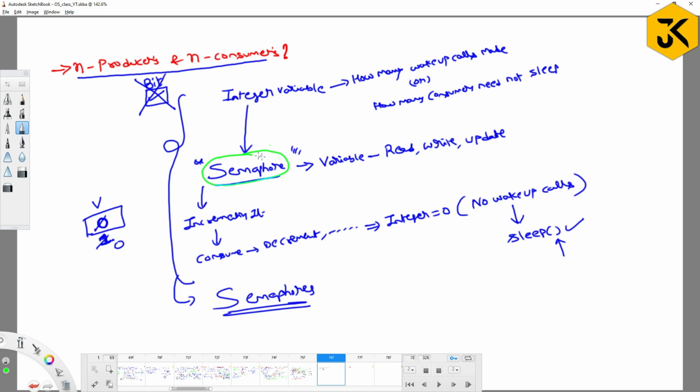Now we are discussing semaphore, which is a kind of variable. As we are working with a variable, it is a kind of data which is shared by all the n producers and n consumers. So what will happen if I execute in user mode?